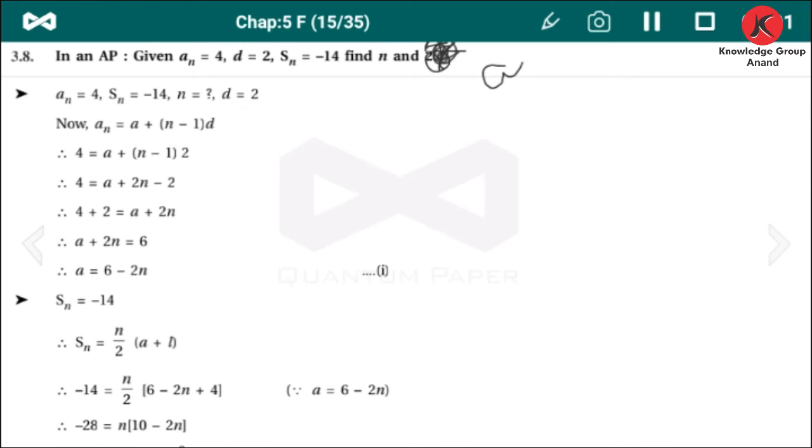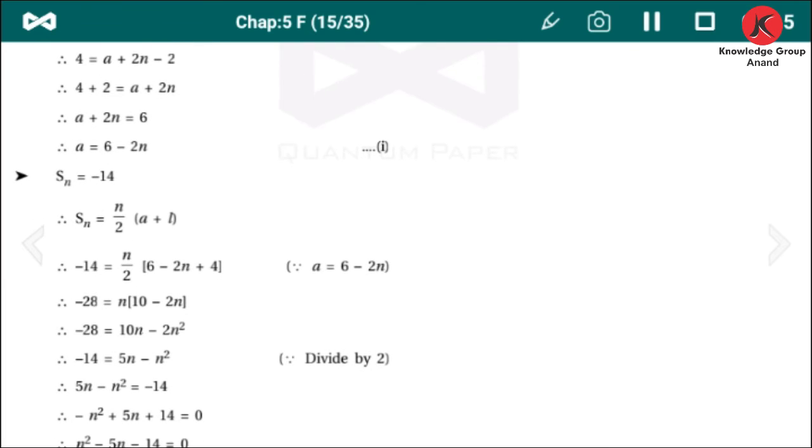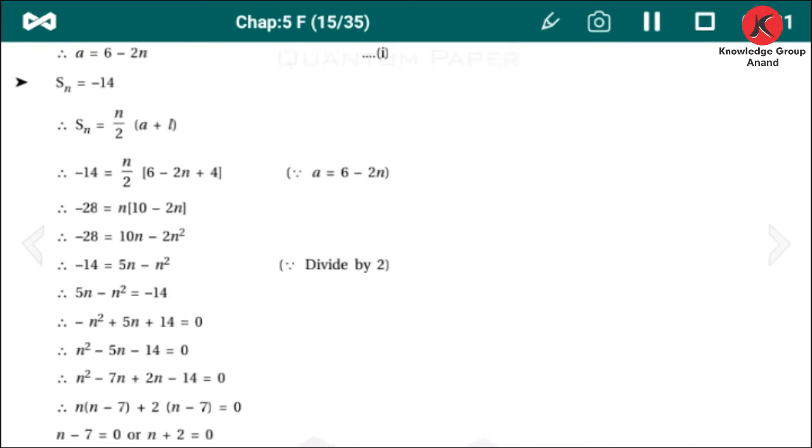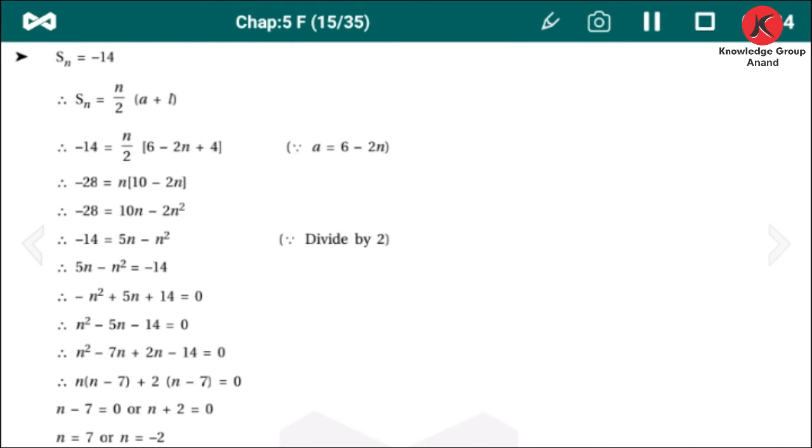Now Sn. Sn is equal to n by 2 into a plus l. Minus 14 is equal to n by 2 into 6 minus 2n plus 4. Then simplify this equation: minus n square plus 5n plus 14 is equal to 0.